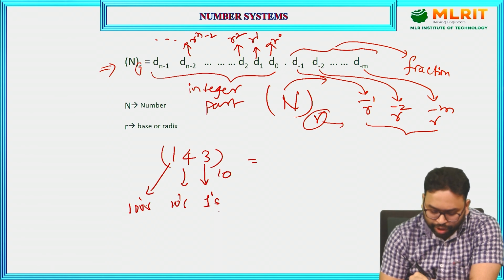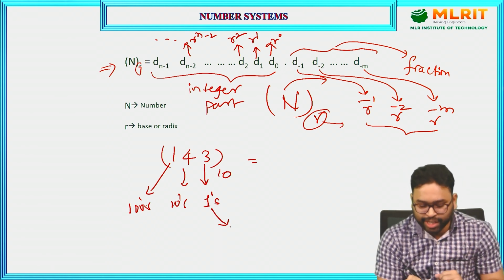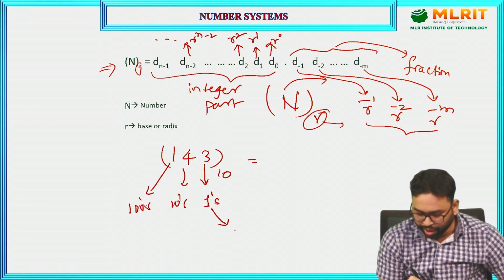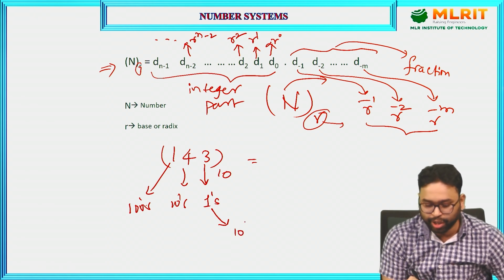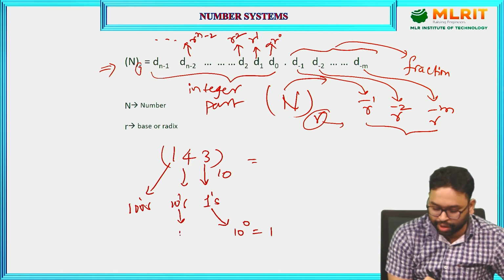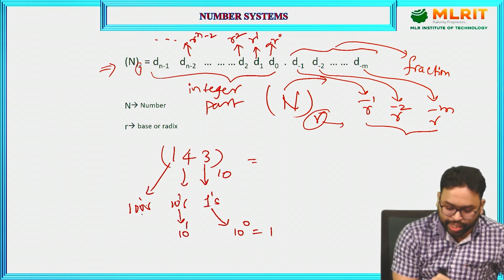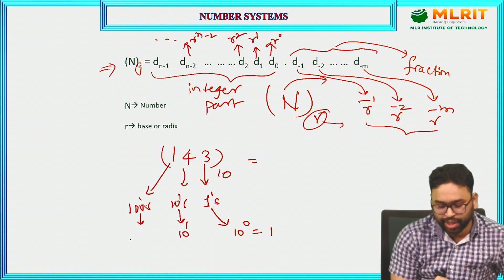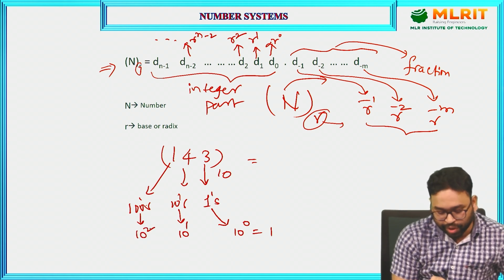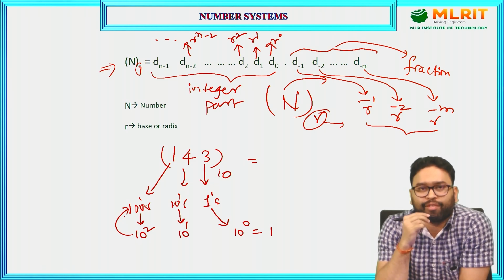If you look at this one, this digit's positional weightage is r power 0, right? R power 0 means here the base value is 10 power 0, and 10 power 0 is automatically 1. Here it is 10 power 1, which is equivalent to 10 only. Here it is the hundreds position, right? In that case, it is 10 square, and 10 square is again 100. In this way, we are defining its positional values.